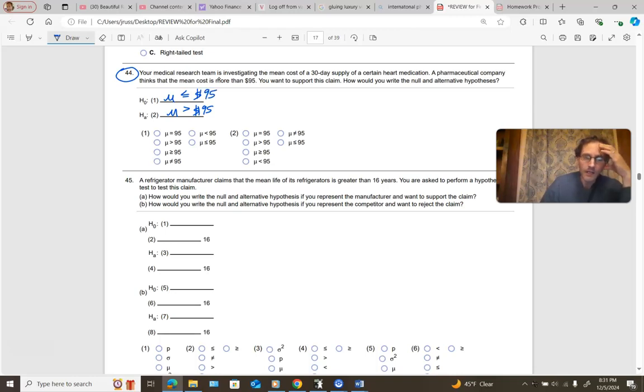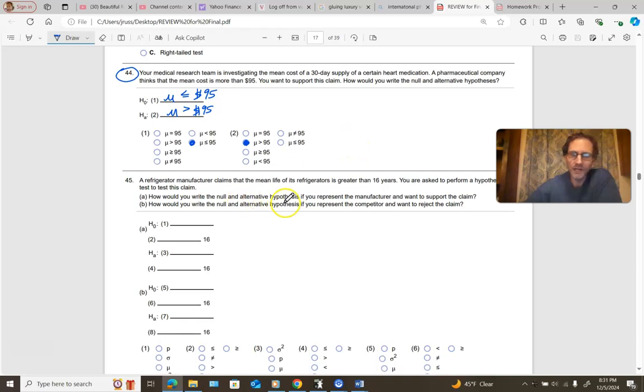So you just have to find which one corresponds to what I just wrote down. I think it's going to be this one for part 1, and then this one for part 2 there.